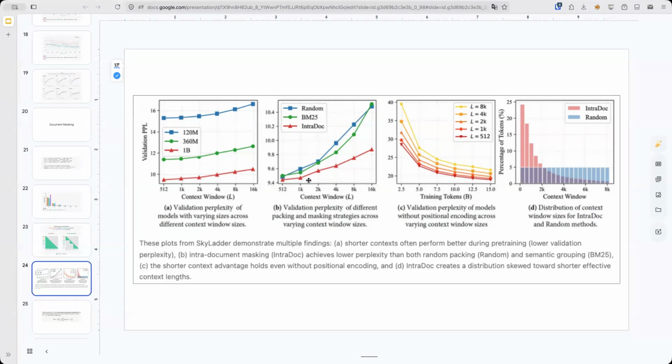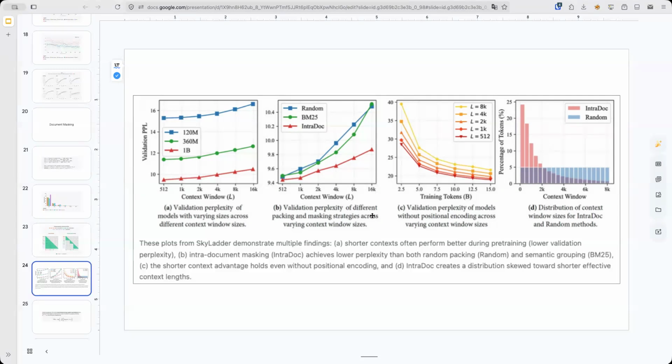Even with intra-doc masking, when they compare random shuffling with BM25 with intra-doc, intra-doc shows a flatter curve, but the perplexity still goes up. And Claude hypothesizes that it's because of the positional encodings.